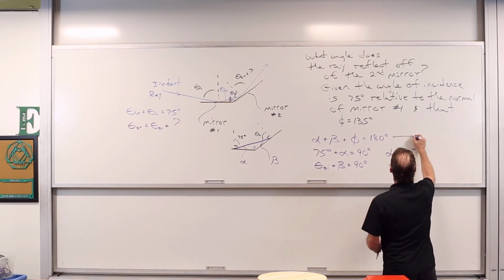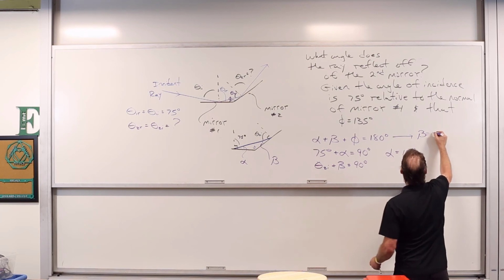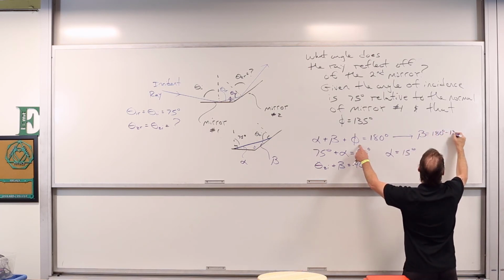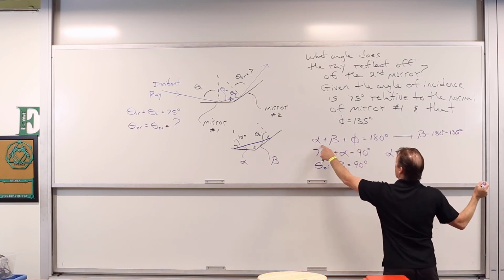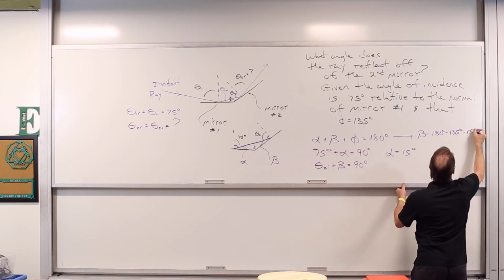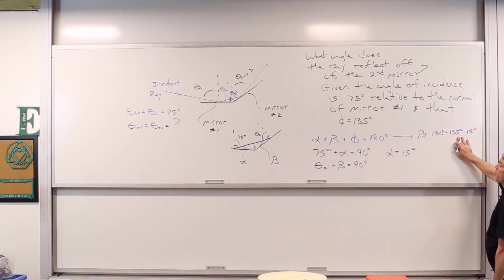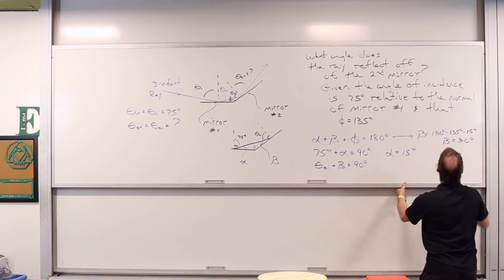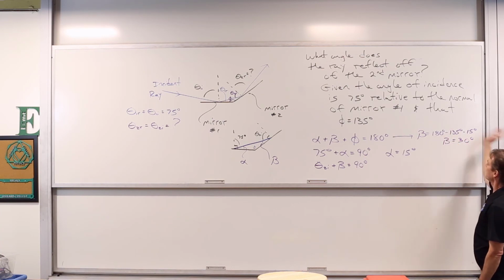Beta is equal to 180 degrees minus 135 degrees minus 15 degrees, which is equal to 30 degrees. That gives us 150, and 180 minus 150 is 30 degrees.